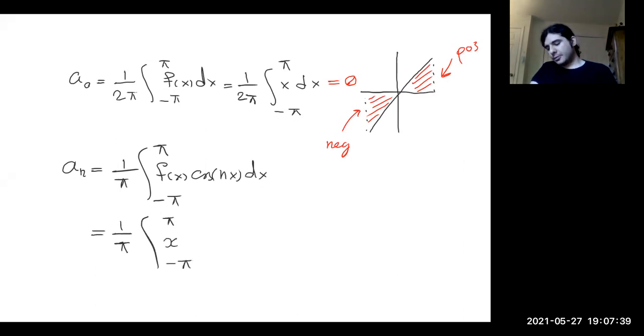So the integral would be the integral of x cos(nx) dx, right? And if I want to compute this integral, what should I do? There are two ways to do this one. One way is doing integration by parts.